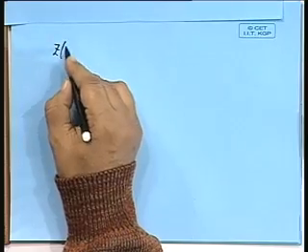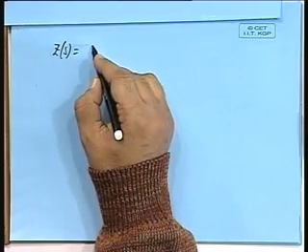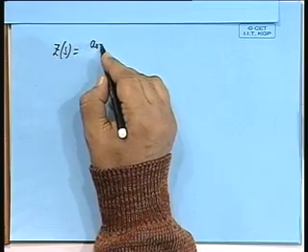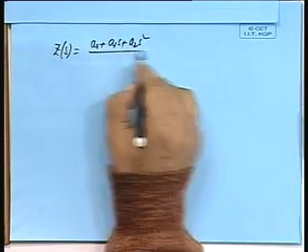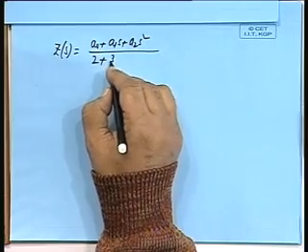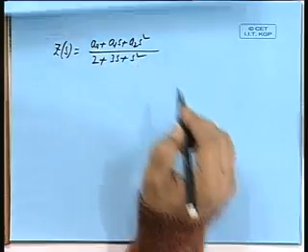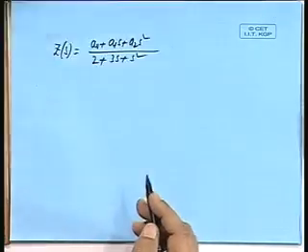Is that all right? So what will be the function Zs like? The general term will be a0 plus a1s plus a2s square divided by 2 plus 3s plus s squared. Alright.